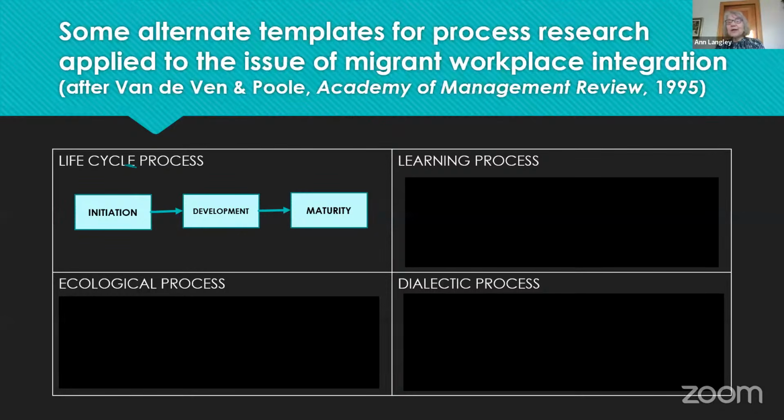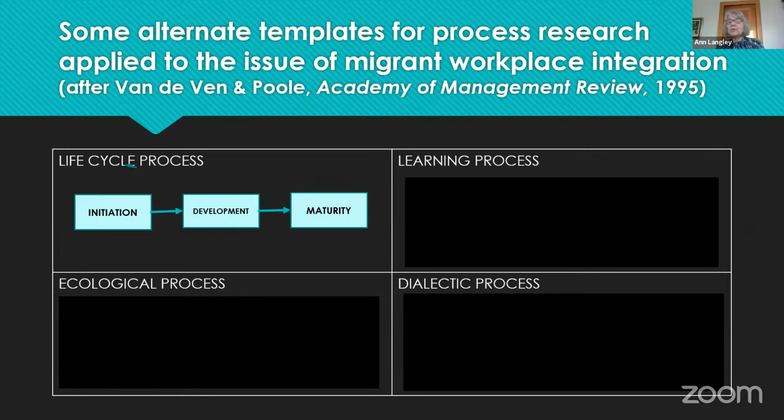So that's one way of looking at process. It's probably the simplest way. And many process models, the first iteration, that's what they look like. It's maybe not the most inspiring in terms of understanding the complexities. So that's one type of model.